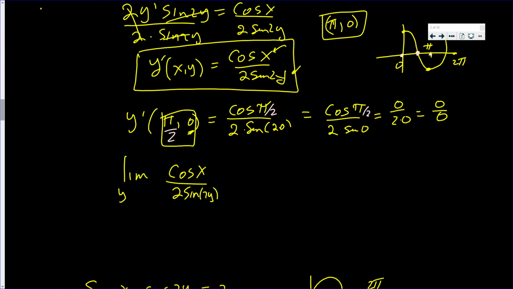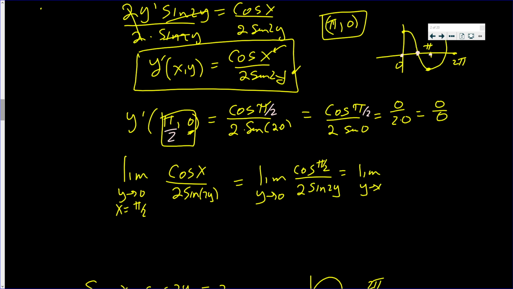Let y approach 0 and let x equal pi over 2. So this becomes the limit as y approaches 0 of the cosine of pi over 2 over 2 sine of 2y. That numerator is exactly 0.